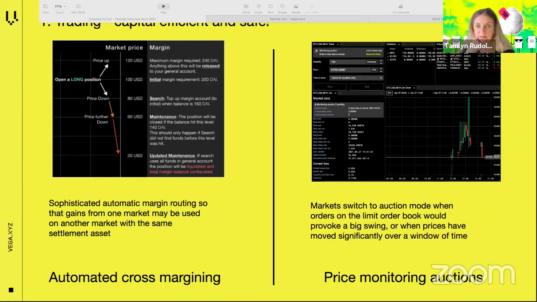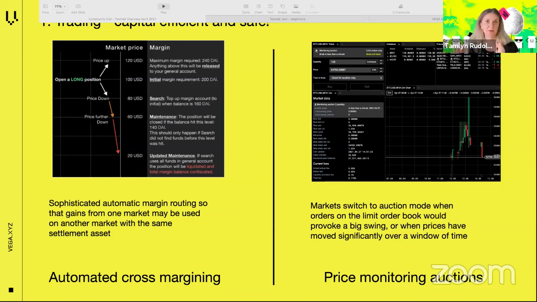Actually, this was a liquidity monitoring auction, which is also operational on Vega at the moment. They're both protective auction mechanisms. Most of the time, the markets are in what's called continuous trading, where they're operating using a limit order book. If you want to know how a limit order book works, again, check out the Testnet Jam from Thursday last week.